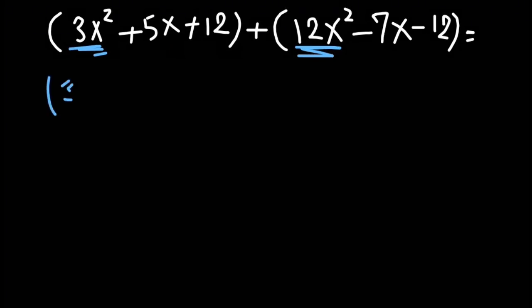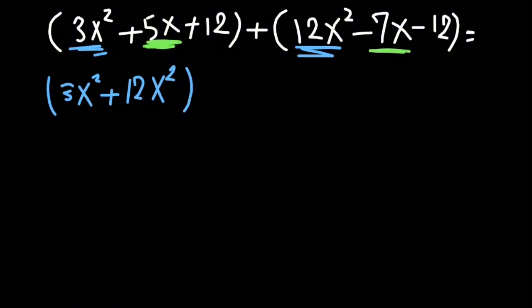3x squared plus 12x squared. Now, what do we have else? Let's combine the 5x with negative 7x. What do we put between the brackets?